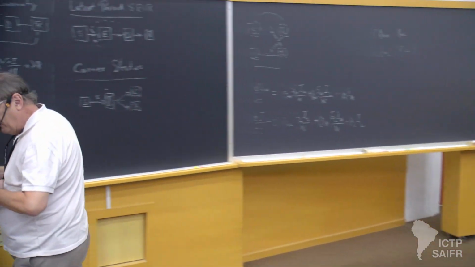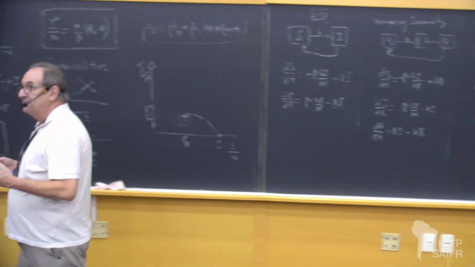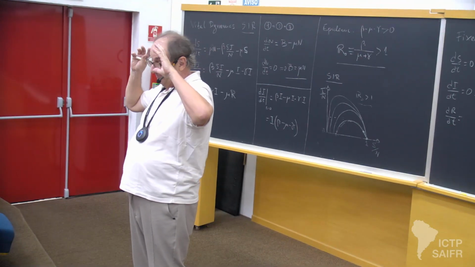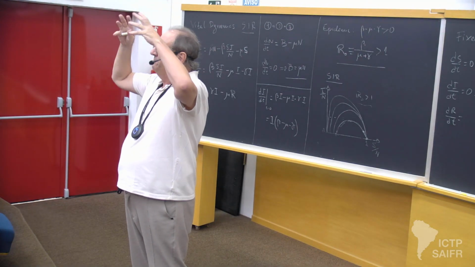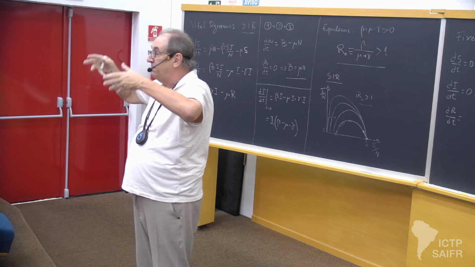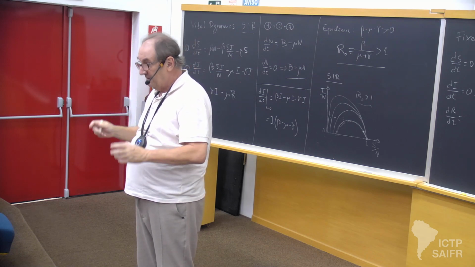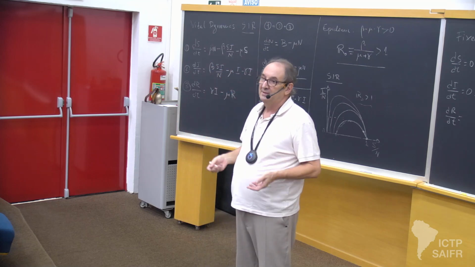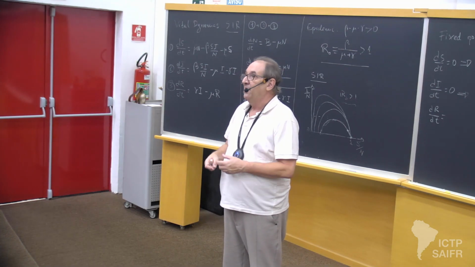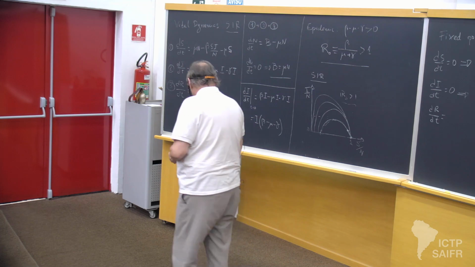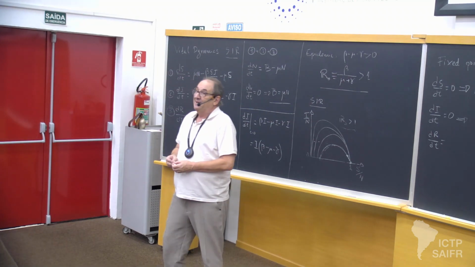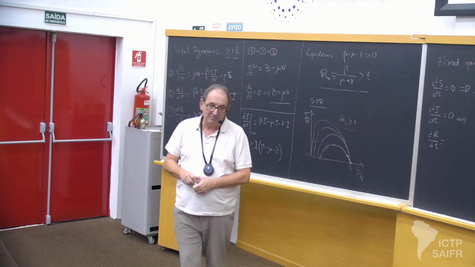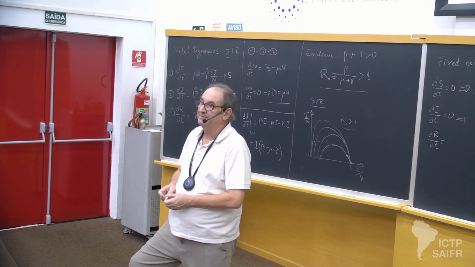So you need to have an idea about how the infectivity depends on the contact rates, and the contact rates form what is usually called the contact matrix. And this contact matrix is very difficult to study, because this is not anymore a problem of epidemiology, it's a problem of demography.